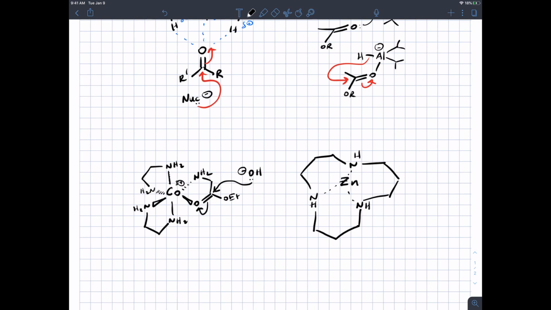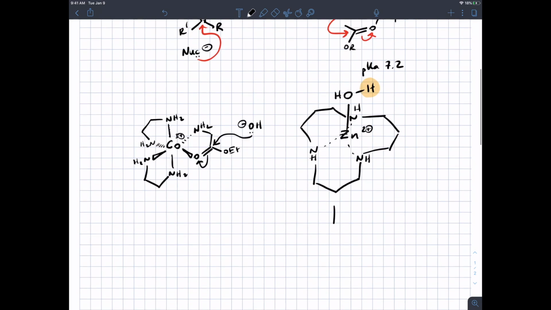Basically, zinc 2+ can bind water, and in so doing lowers the pKa of this proton to be around 7.2.